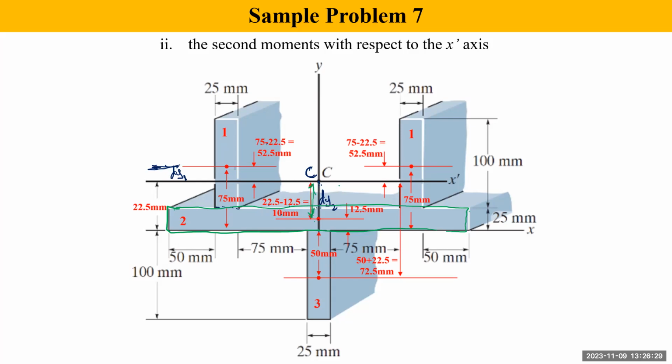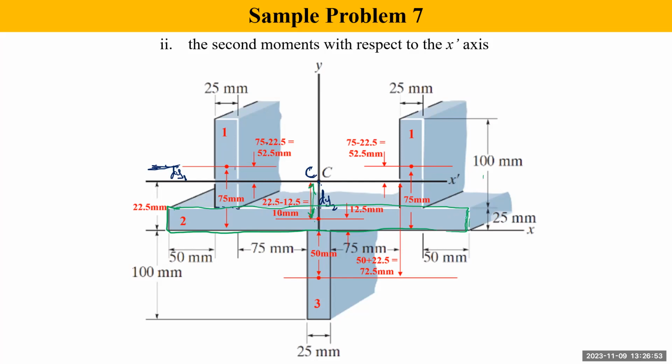Did you explain how the distances work? It says the distance for segment 2 is 25. Yes, because that is the height there.